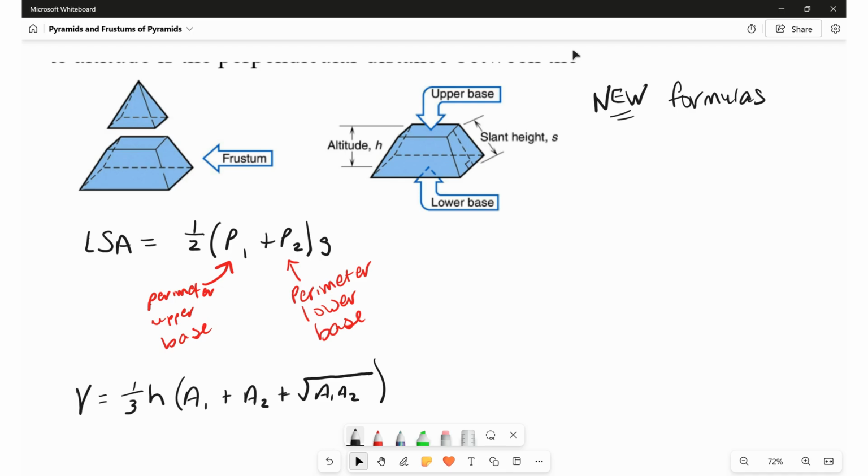So let's give some numbers and look at this. What if we said here that the height is 4 inches? We're going to let our slant height be 5 inches.